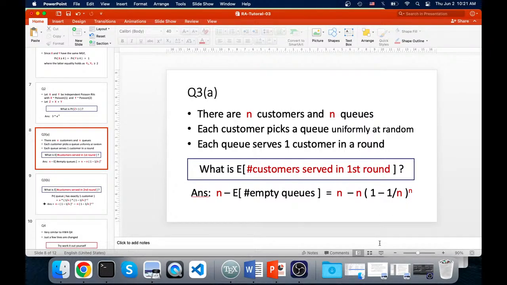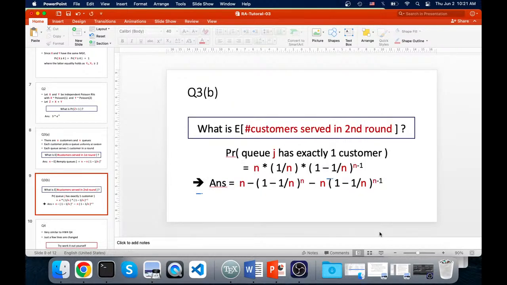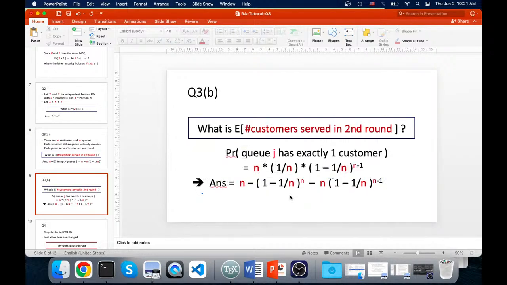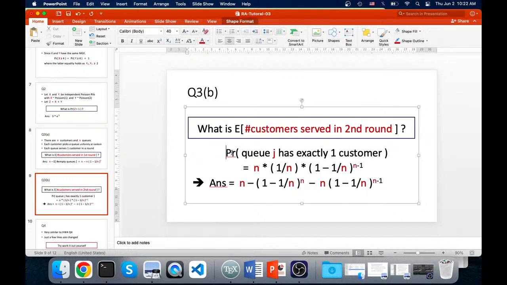Okay, good. And then for the next part, we also want to find the expected number of customers served in the second round. We are going to do the same thing here, except that not just empty queues should be deducted, we should also rule out all the queues that have exactly one customer, because those queues are not going to serve any customer in the second round. To find this value, we find the probability that a certain queue has exactly one customer initially.